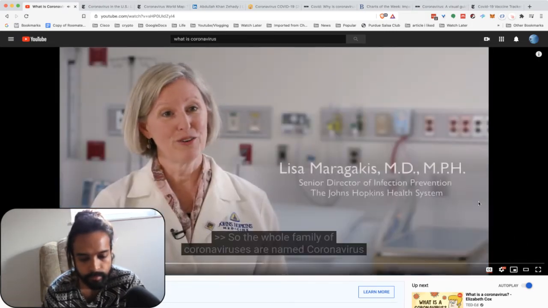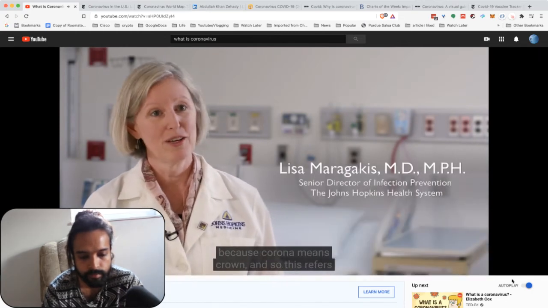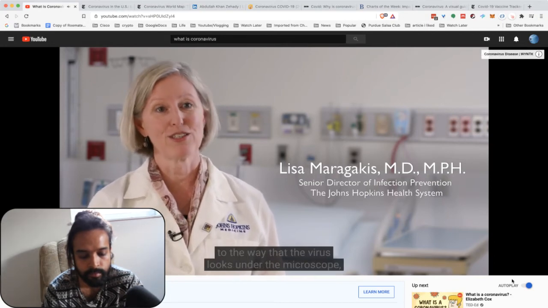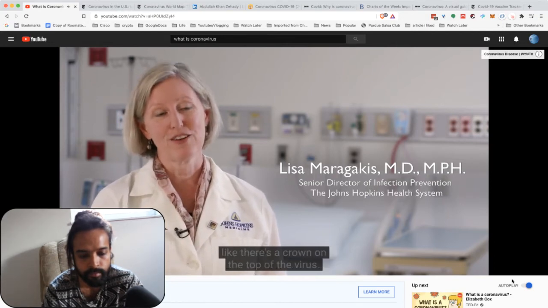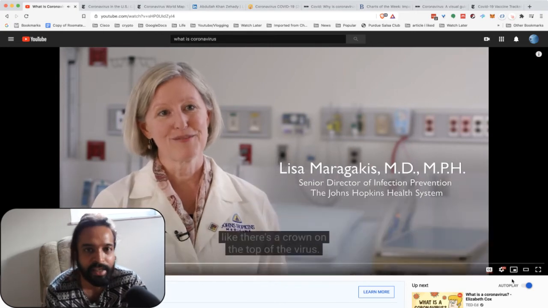So the whole family of coronaviruses are named coronavirus because corona means crown. And so this refers to the way that the virus looks under the microscope, like there's a crown on the top of the virus. How many of you really knew why it's called corona? So it looks like a crown under the microscope, and that's why it's called coronavirus.